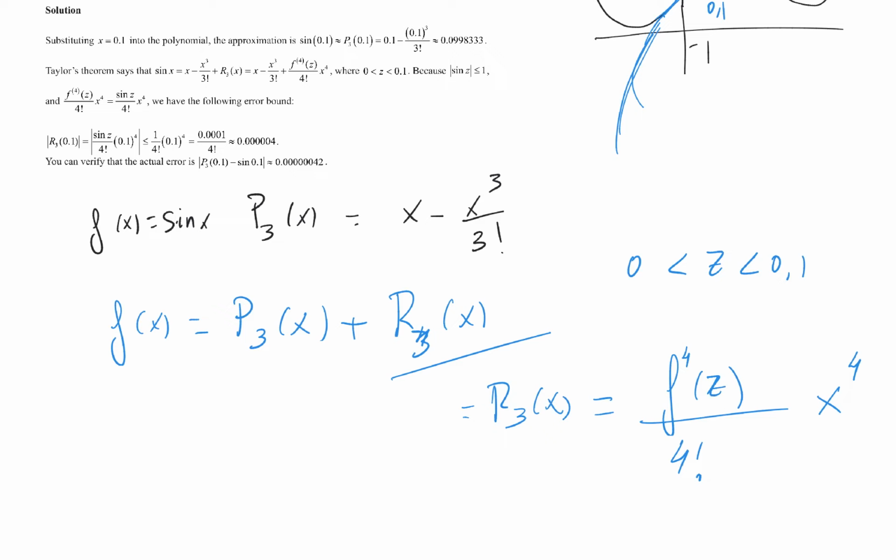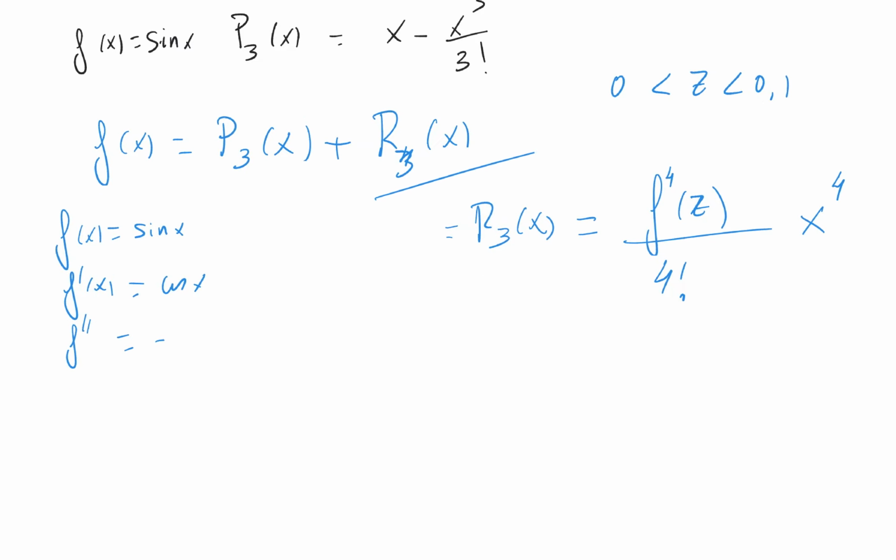But we know the derivatives. The function is sine of x. The first derivative is cosine of x. The second derivative is minus sine of x.